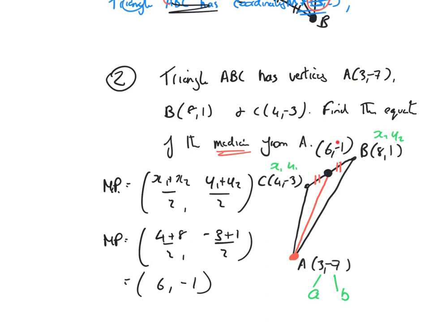What I can now do is use y2 minus y1 over x2 minus x1 to find the gradient of this red line. So let's go ahead and do that. Okay, so y2 minus y1 over x2 minus x1, so it's going to be minus 1 minus minus 7 over 6 minus 3.